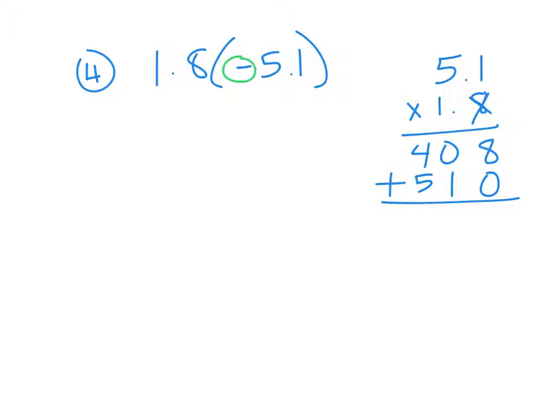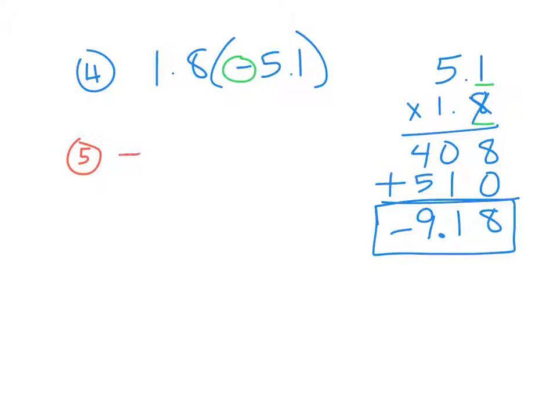And we add. And then 2 behind the decimal, so I move over twice and I put a 0. What am I forgetting? Negative. So my answer is negative 9.18. Any questions?